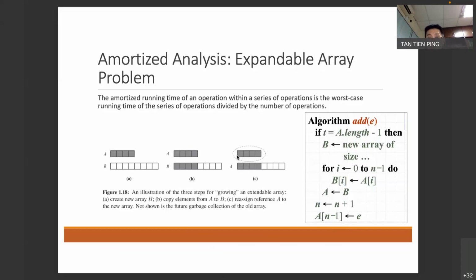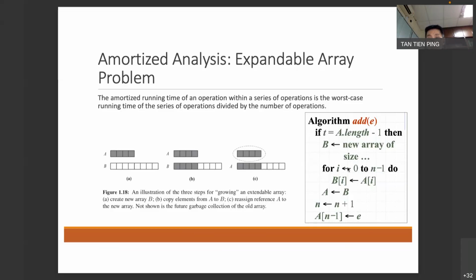When the array is full, then we need to create a new array and copy the items from array A to the new array B. If you look at here, we need to initialize an array. Obviously, this should take a constant amount of time normally.